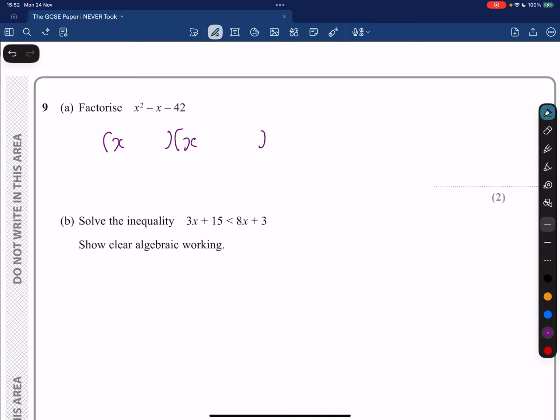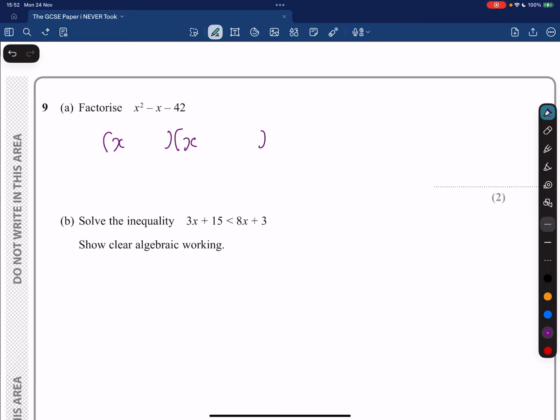It's not a multiple of 8. Is it a multiple of 21? It's 21 and 2, which doesn't make any sense. It's 42 divided by 3, 14, which still doesn't make sense.